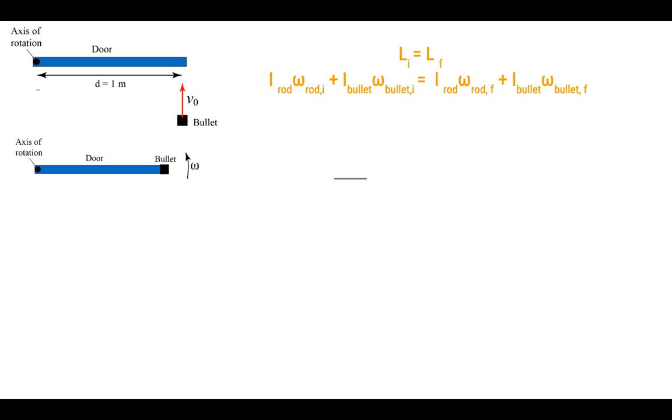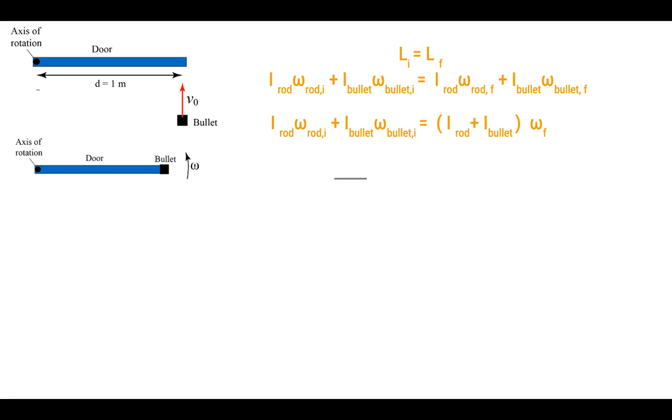Initially, only the bullet has angular momentum. The door is technically stationary. The door is not rotating. So although we have our value for I, omega for the rod is going to be 0, so it simplifies to 0.